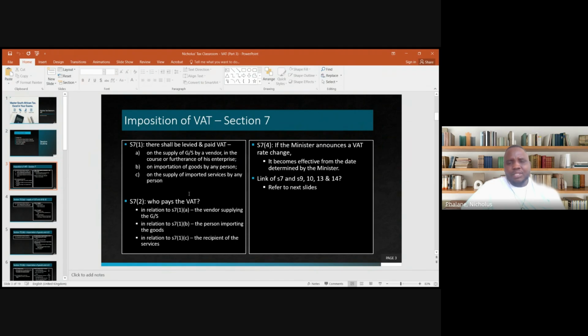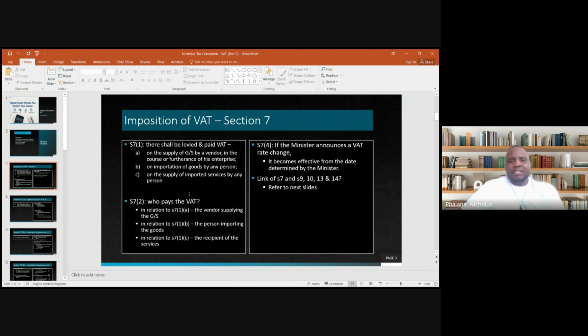Then what are the links of Section 7 and Section 9, 10, 13, and 14? We can refer to the next slides, because when you look at the VAT Act, in order for you to deal with a transaction, you need to go to different parts of this act.